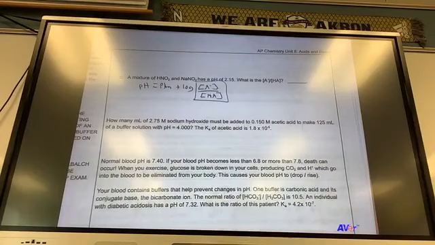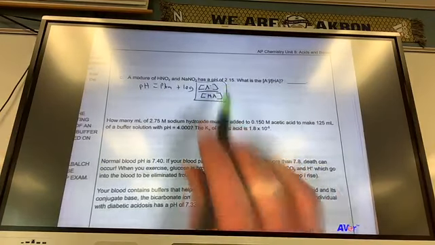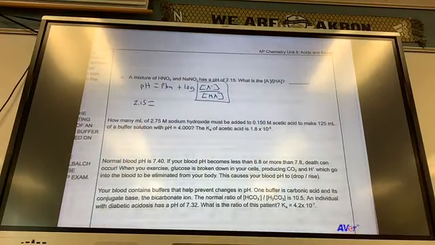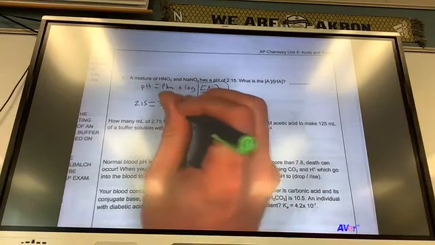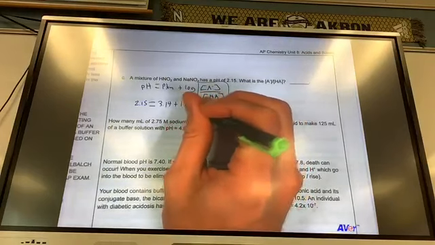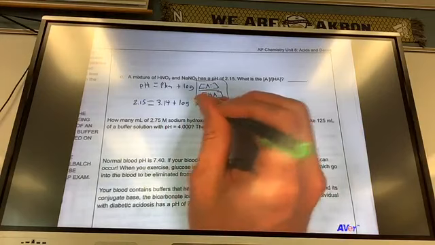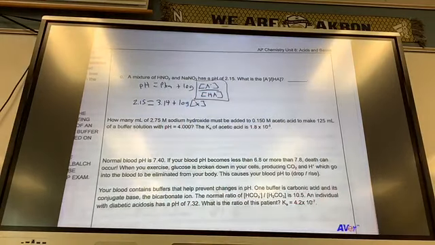This time it's 2.15. So 2.15 equals, we are still going to use our original pKa because they haven't told me anything different, which was 3.14, plus log of x. So we need to solve for x. Solve for x and tell me what you get.